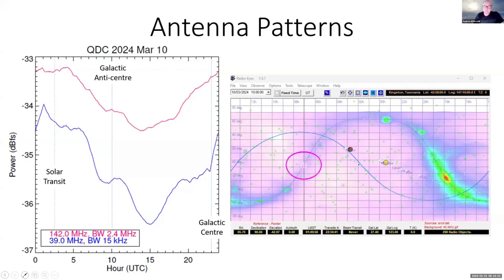I've been doing a few little things trying to understand my antennas, and that's part of working towards a little report on using loops for the Sun and Jupiter. I've been doing some simple stuff with quiet day curves.